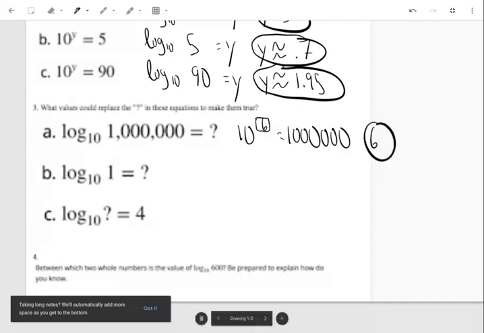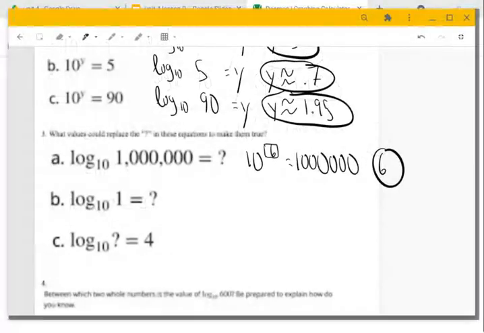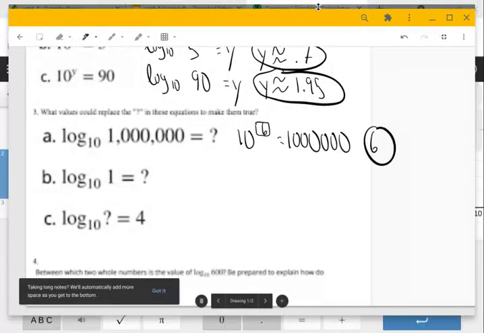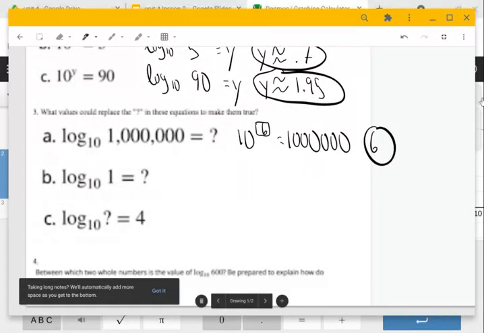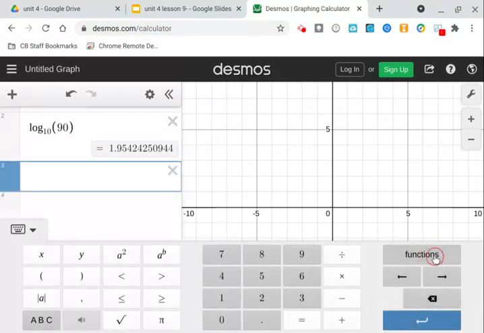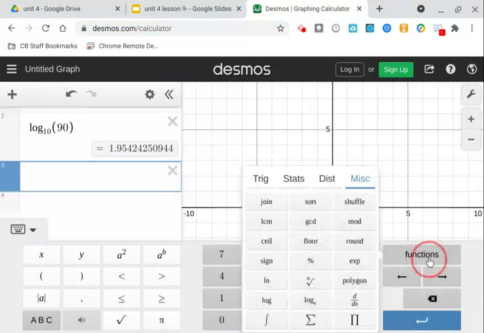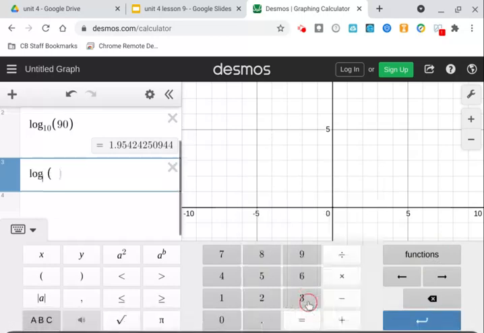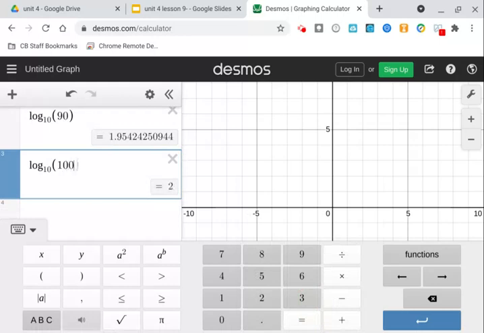And if we didn't know that, once again, we could go to Desmos, go to the logarithm function, and do log base 10 of a million. And notice we get our answer of 6.